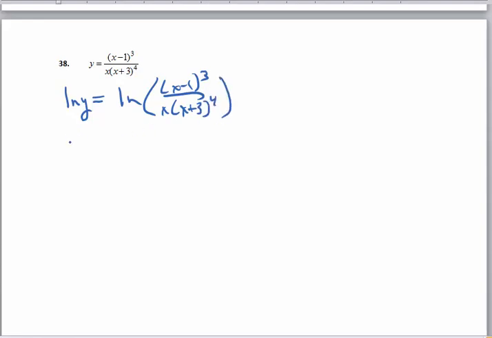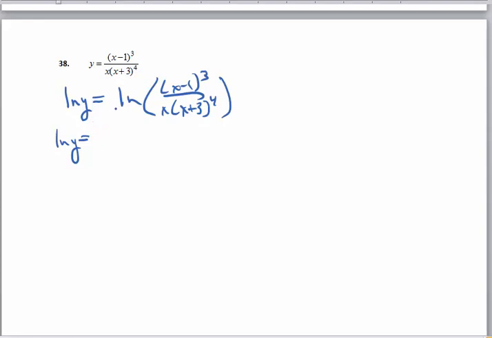And then use our properties of logs to rewrite the right side as a sum and difference of logs, right? When I first intro the log properties in pre-calculus, I would give you a general rule that any factor in a numerator is going to be positive, any factor in a denominator is going to be negative.